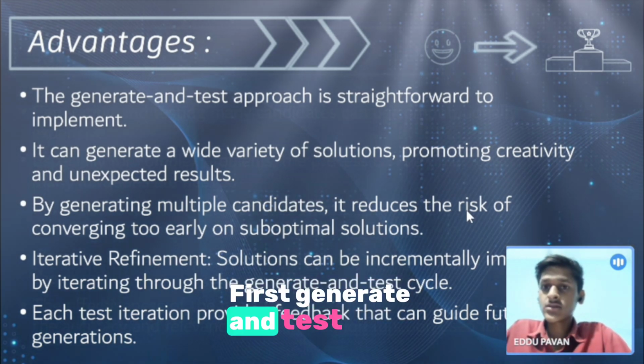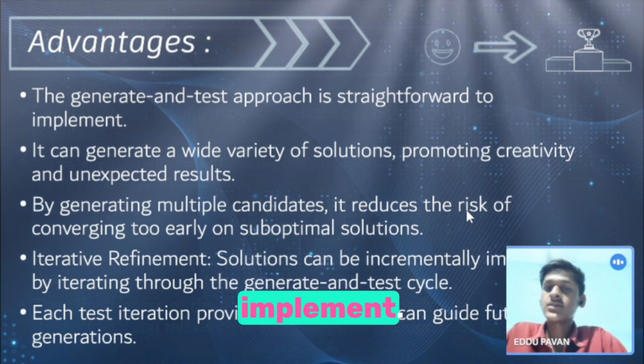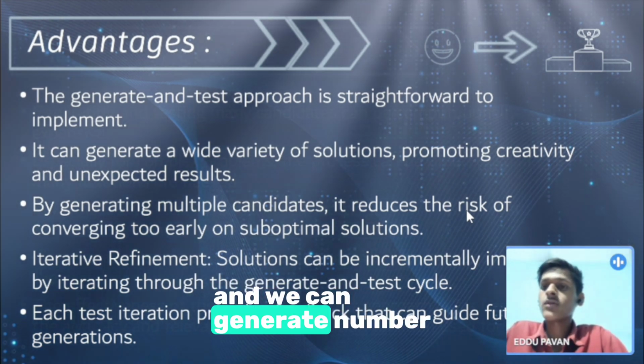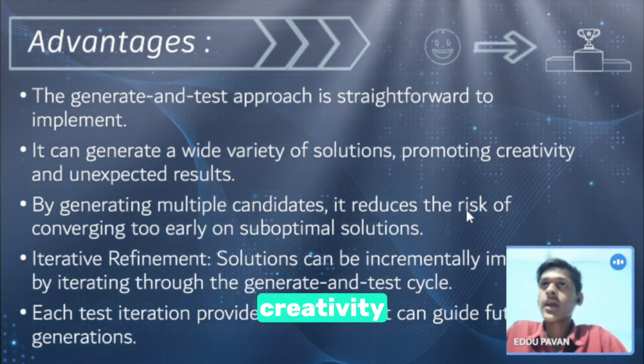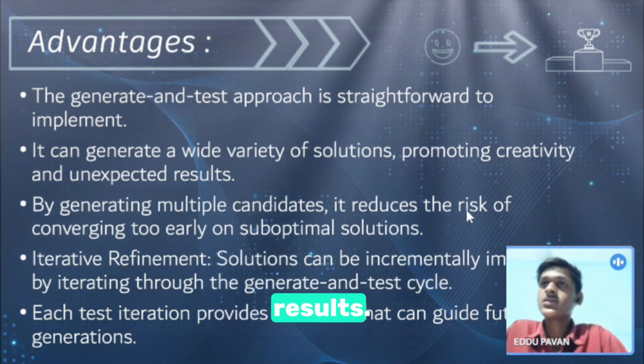Now I'm here to tell about generate and test advantages. First, the generate and test approach is very straightforward to implement, and it can generate a number of solutions. By that we can increase our creativity and get unexpected results.